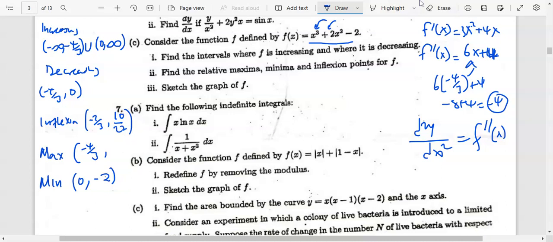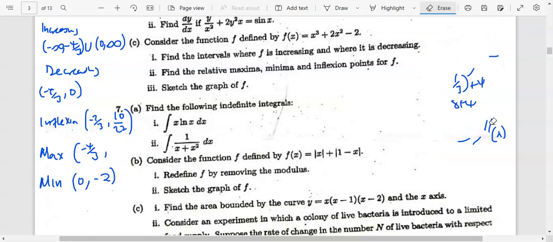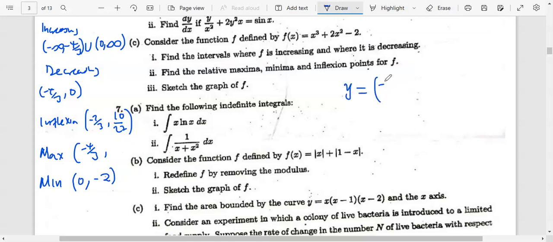Let's find the y value for the relative maximum. The function f of x is equal to x cubed plus 2x squared minus 2. Where there is x, I'll put negative 4 over 3.